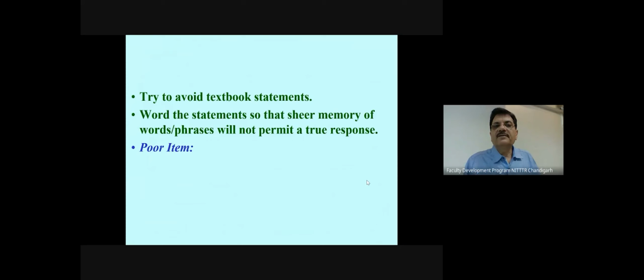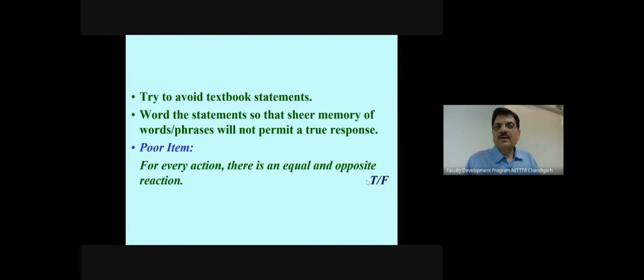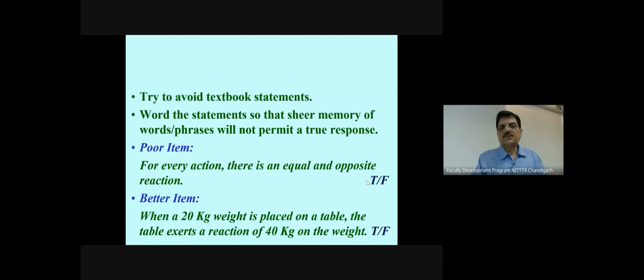Try to avoid lifting statement directly from the textbook. Word statement so that sheer memory of word or phrases will not permit a true response. So this is a textbook wording, and the one below is its application.